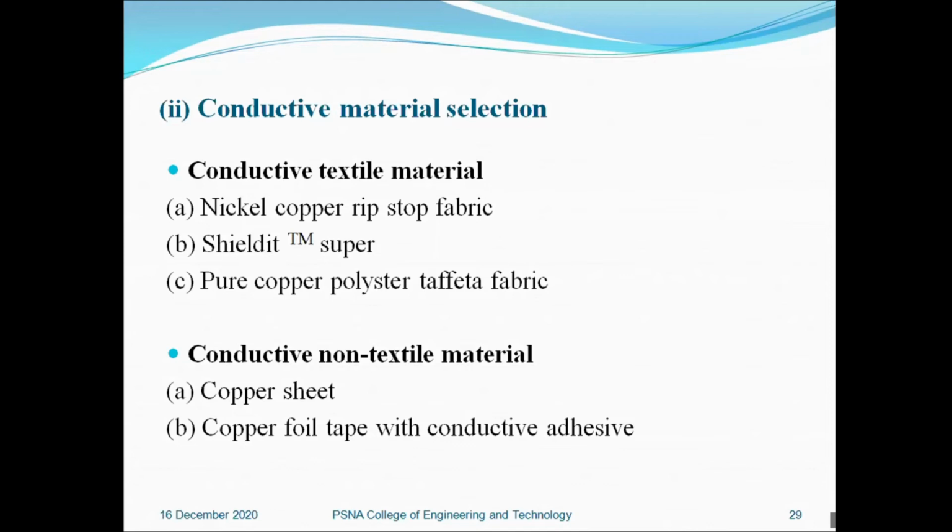If it is a non-textile material, you have to paste that copper sheet over the textile, so you need a conductive adhesive to paste on the clothing material. So you can use a copper sheet, you can stitch it, or you can paste it. So there are two types of conducting material: conductive textile and conductive non-textile material.